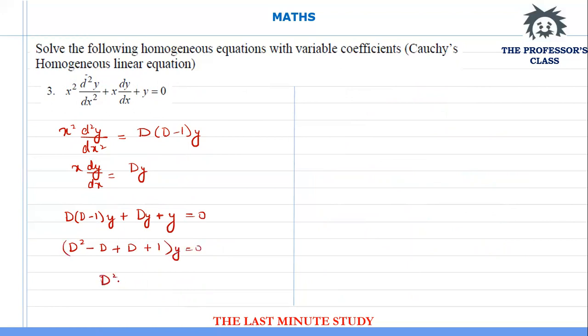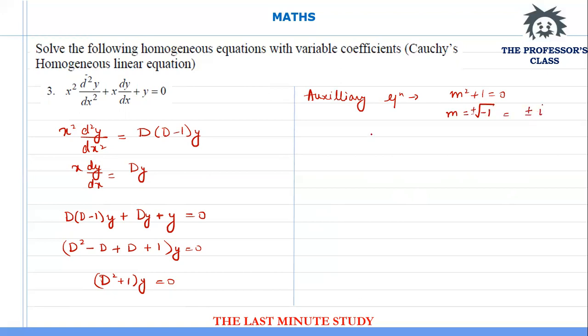This turns out to be (D square plus 1) of y is equal to 0, because the middle two terms will get cancelled out. Now the auxiliary equation will be m square plus 1 equals 0, or the value of m is equal to square root of minus 1, which will become plus or minus i.